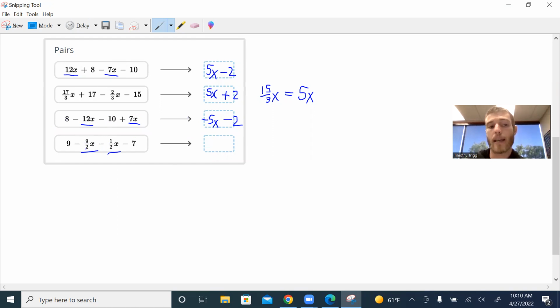So negative 9/2 x minus 1/2 x is negative 10/2 x. Keep in mind, these are both negative, so that's why they combine together. In other words, they more or less add. If they're different signs, one positive, one negative, they would subtract. Dividing this out gives us negative 5x, and then 9 minus 7 is positive 2. So negative 5x plus 2.